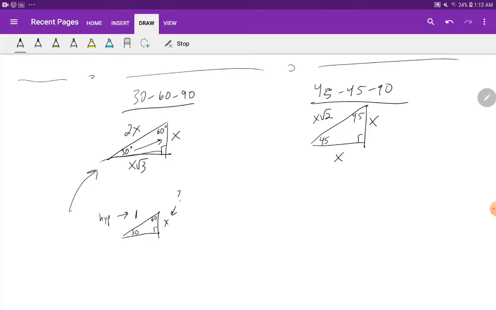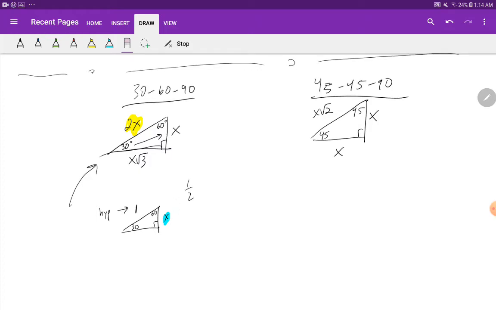Whatever x is, multiply it by 2, so x has to be 1 over 2, half the hypotenuse. And then if that value is 1/2, this x root 3 value has to be 1/2 times root 3, or root 3 over 2. You see, that's where these values come from.